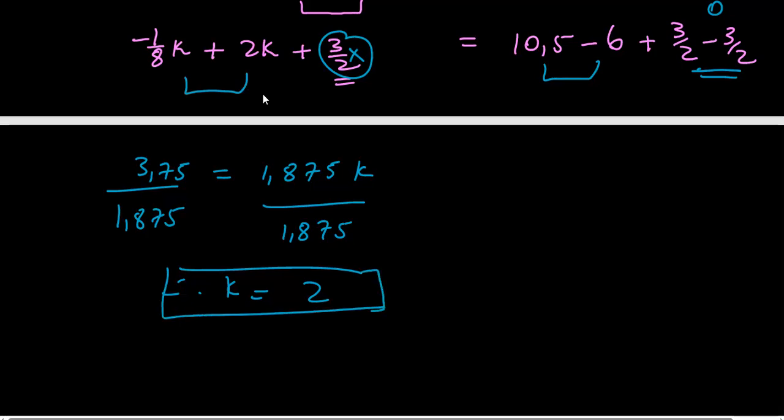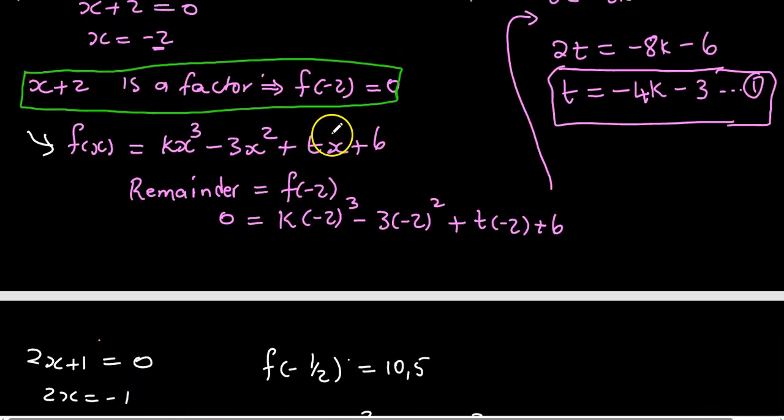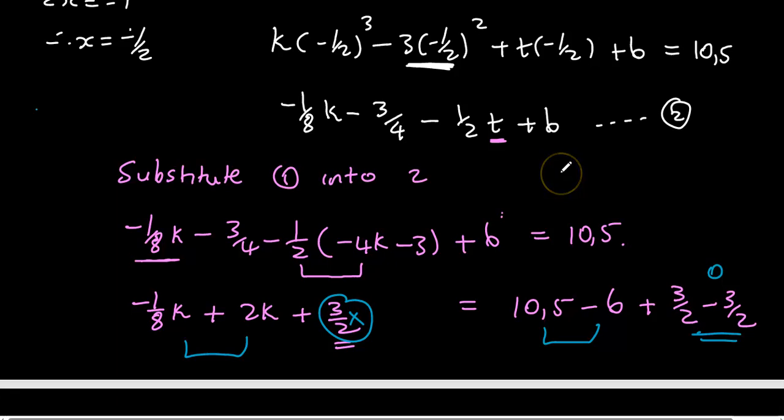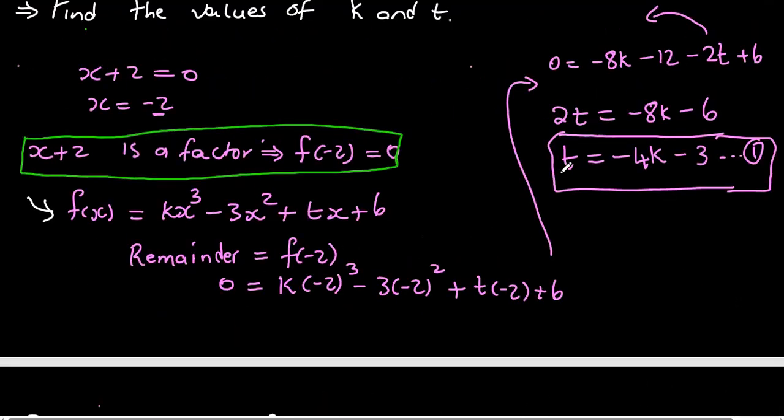So now that you have the value of k, you can substitute k into equation 2, or you can also substitute k into equation 1, it's fine. It's up to you what you want to do to find t. So now, substitute k equals 2 into equation 1. I think it's easy that way. t will be equal to minus 4, where there's k, we put 2, minus 3.